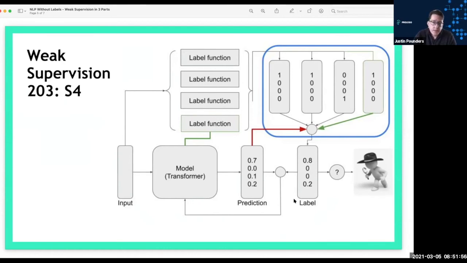If it's, in this case, 80-20, this means that we're 80% confident that this particular input should be class 1. And let's call that a pretty confident input. If we look at another sentence, though, and the prediction is maybe 25% across the board, that would indicate very low confidence. We don't really know how to assign a label to this particular input.